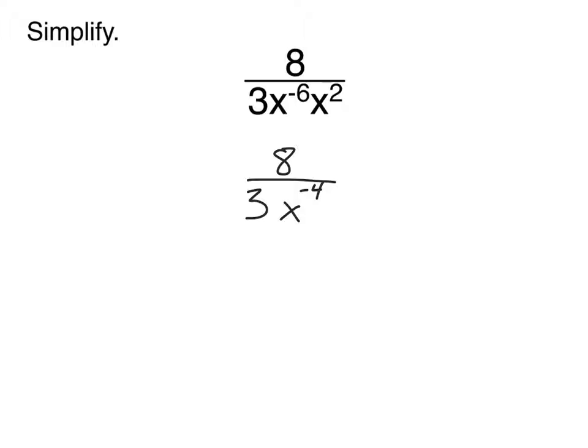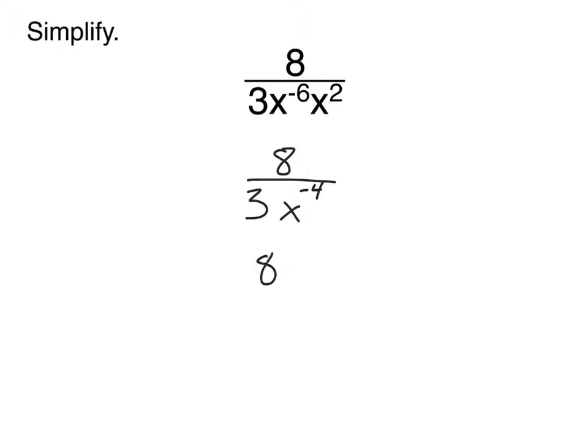Now the negative 4, of course, that negative exponent means to flip that within the fraction. But again, what's the negative exponent actually attached to here? The x. Notice it's not attached to the 3. One of the things that happens as we start doing these is that you'll find yourself really wanting to move that 3 as well. But the 3 does not have the negative exponent on it, so it does not move.